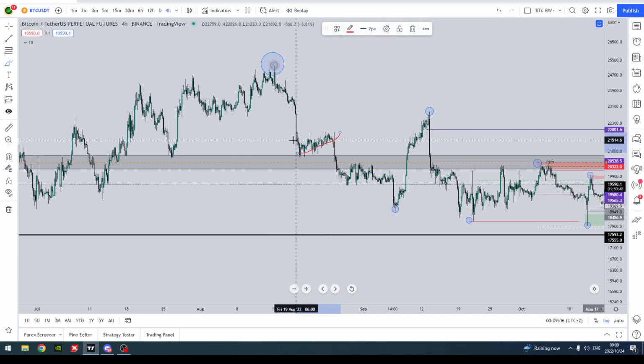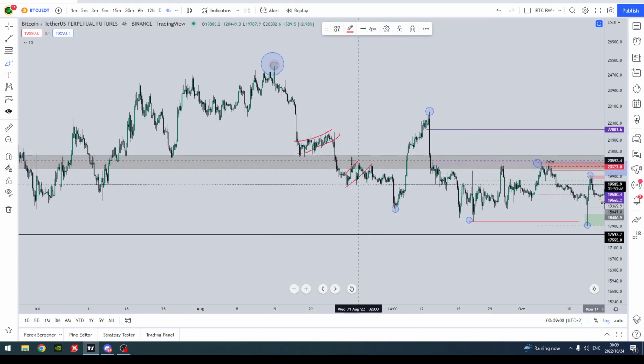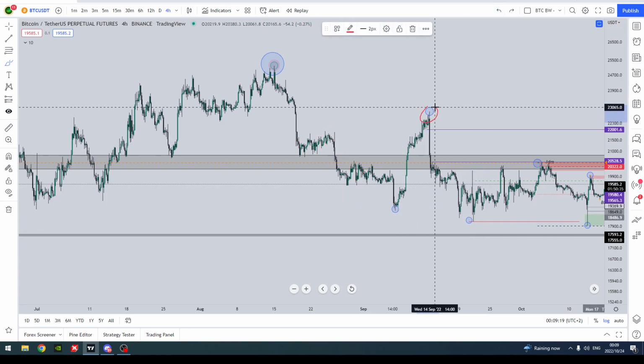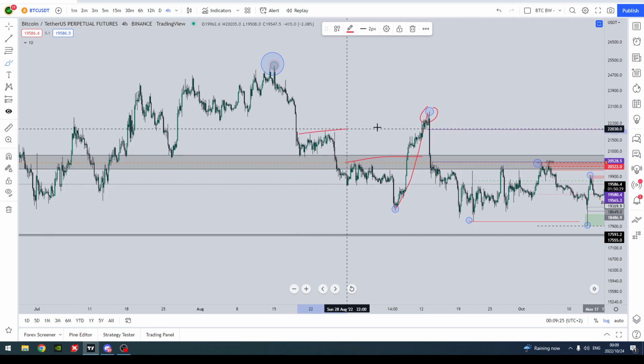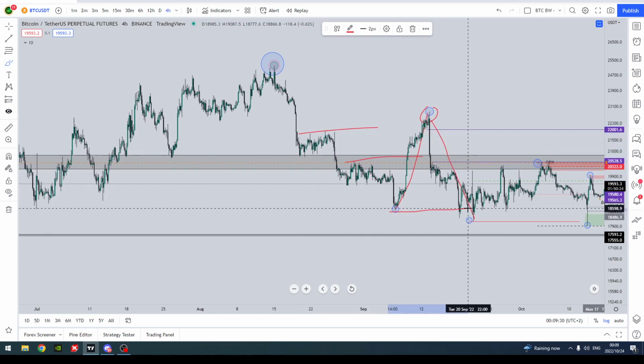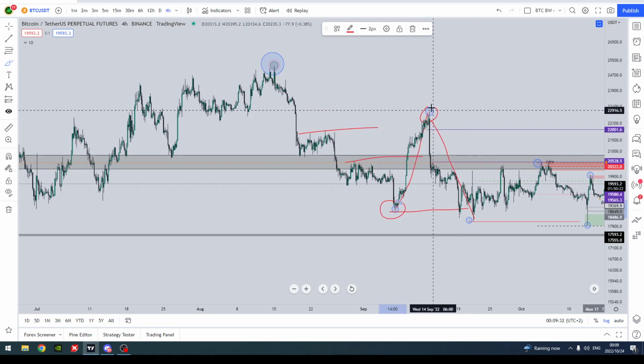None of these pullbacks here have taken any previous pullback high liquidity, right? So I've marked that off as one structure until we came to this point here. Once we got this move up, we broke structure here and here, and then we broke below here. So another break of structure confirms this as a low and this as a high.